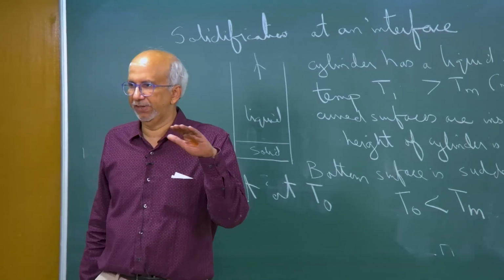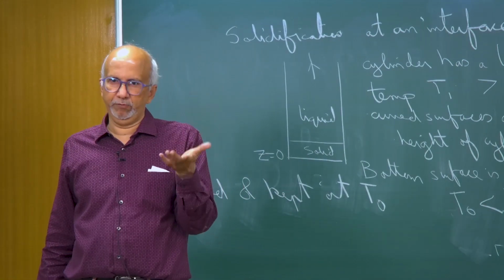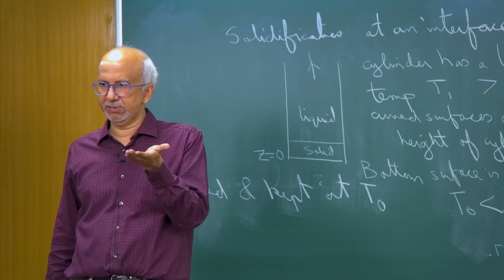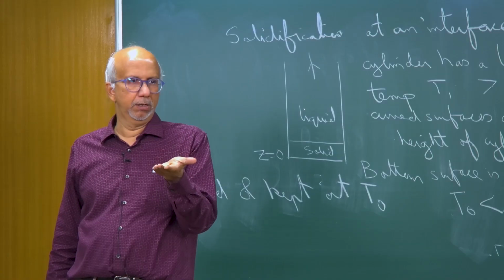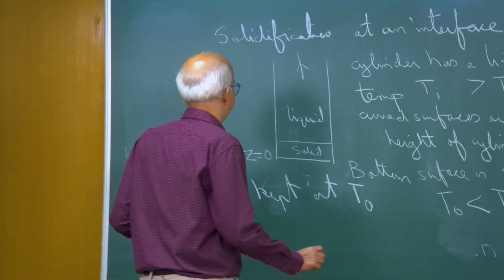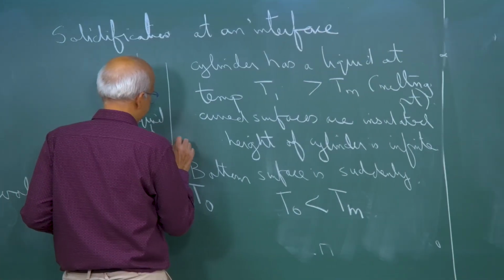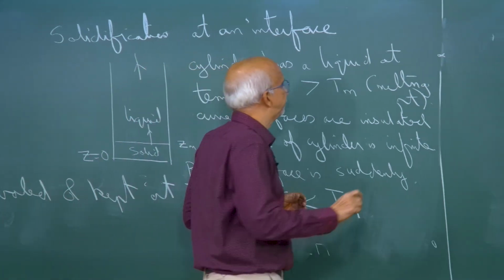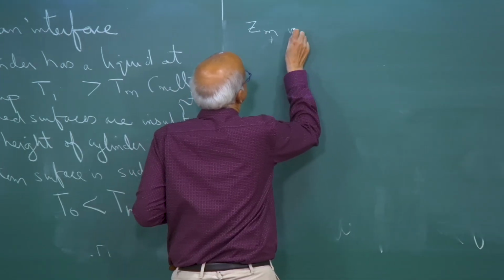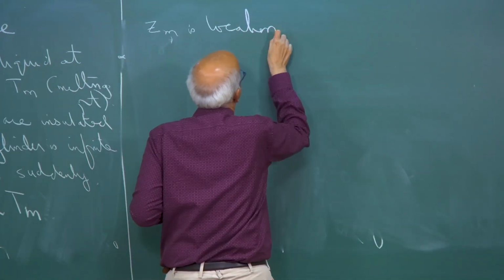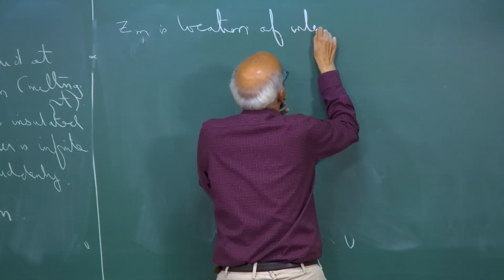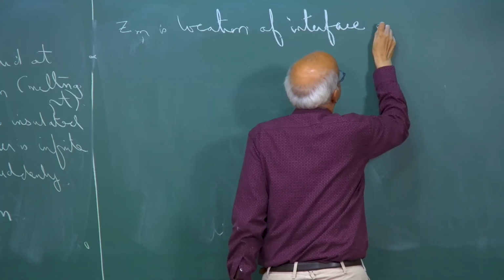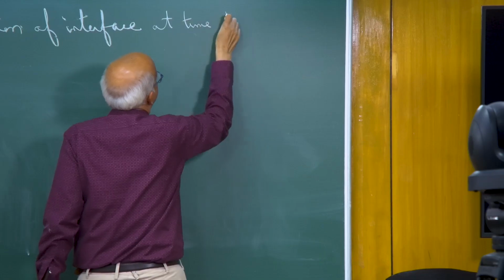You will have an interface, and you wait for a long time, you have more and more solidification. More and more things will get frozen, and this interface keeps moving up. This point I am going to call Zm. Zm basically tells you the interface at time t.